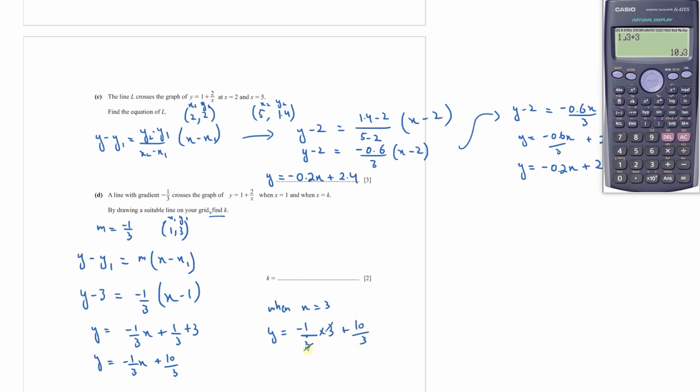So this 3 and 3 will cancel out, and then you subtract 1 from 10 over 3. So you'll end up at 7 over 3. 7 divided by 3 is 2.33. So you have another point, x is 3 and y value is 2.33. So now you have 2 points, (1, 3) and (3, 2.33).